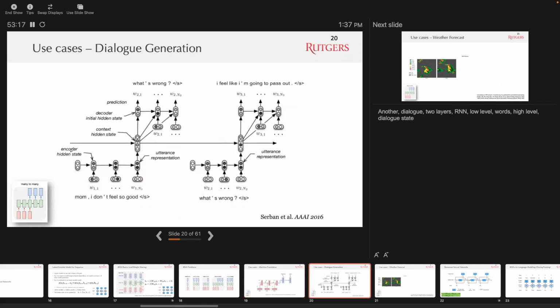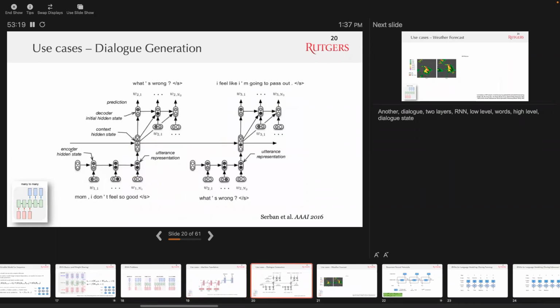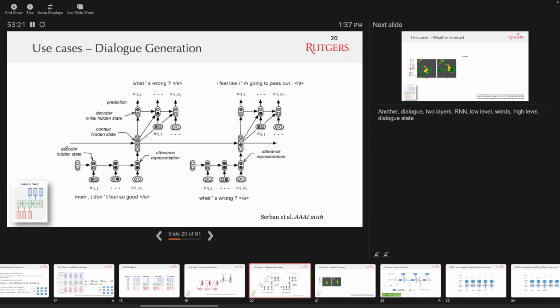Many-to-many setting. And also dialogue generation, which is somehow also very similar to translation, because in here you're inputting one sentence. Imagine you're talking to an agent, and it's going to output another sentence, right?